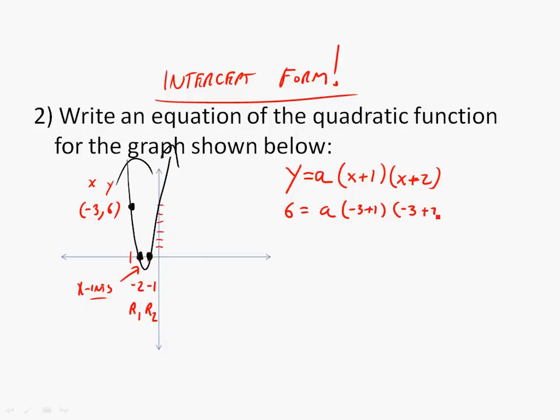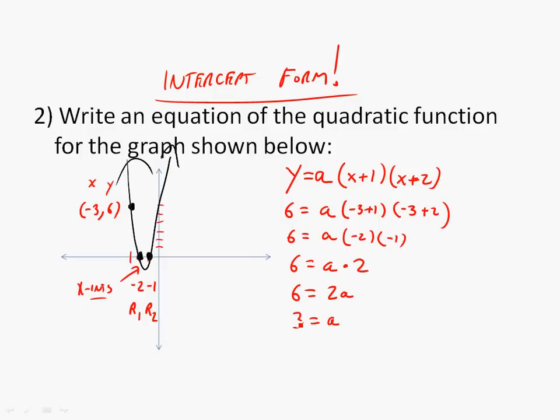So notice I substituted -3 for both of the x's. Now I just need to follow my order of operations. So I'm going to combine the like terms in the parentheses. And then if I do -2 times -1, that gives me a times 2. So 6 equals 2a.